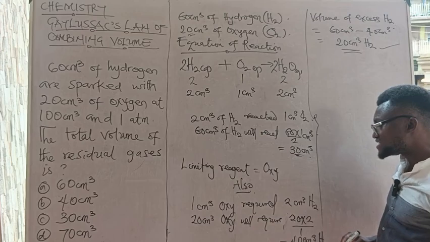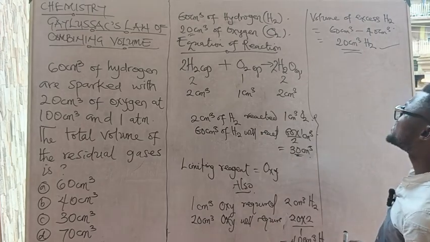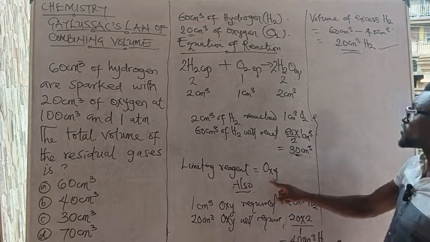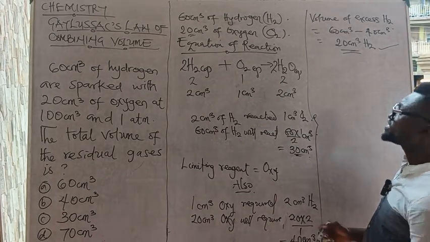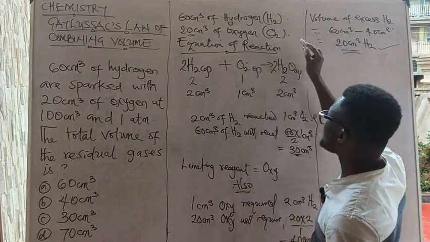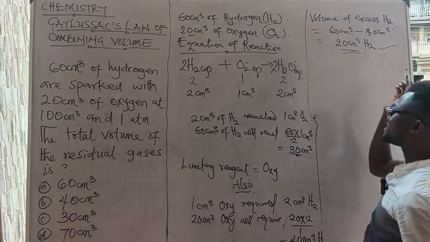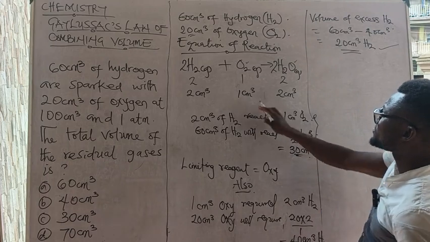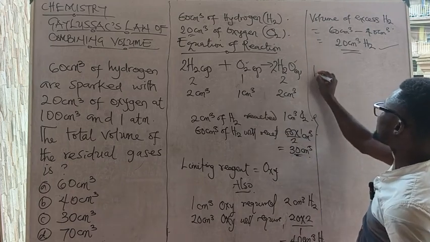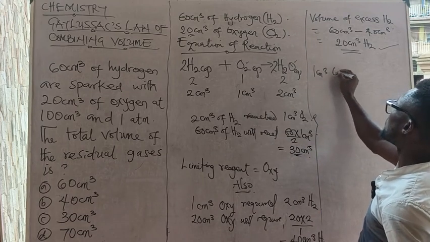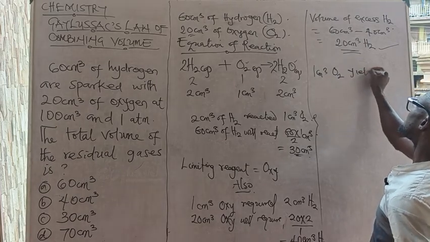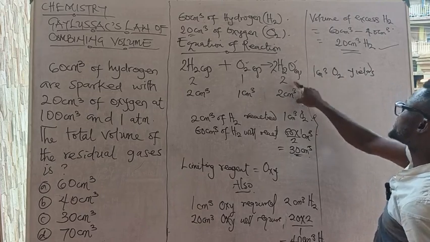Then we remember the one that will determine the volume of the product is the limiting reagent, which is oxygen. So from the equation, we have to take oxygen and compare it with that of steam. From the equation, 1 cm cube of oxygen yields 2 cm cube of steam.